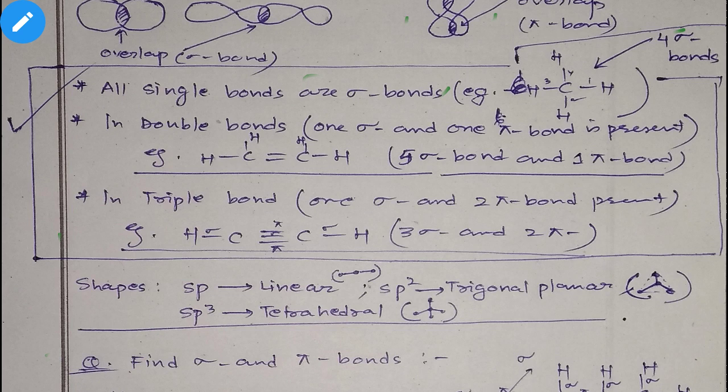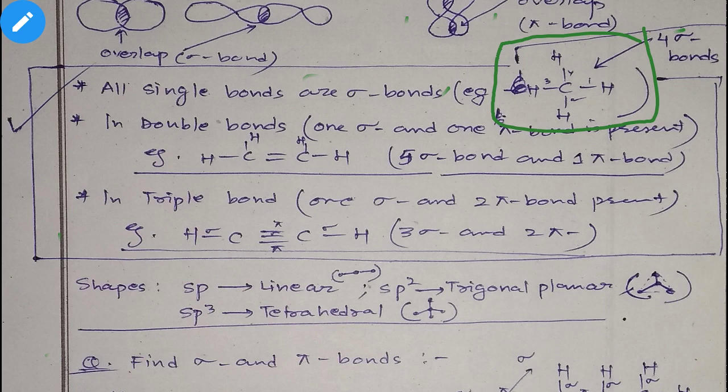All single bonds are sigma bonds. I'll tell you what: see, if I say this methane molecule is there, why it is called methane you will also learn in this chapter only. When you see methane, the carbon is connected to hydrogens, and they are all single bonds, right? Already I've told you what a single bond is. The carbon connected to four hydrogens has four single bonds.